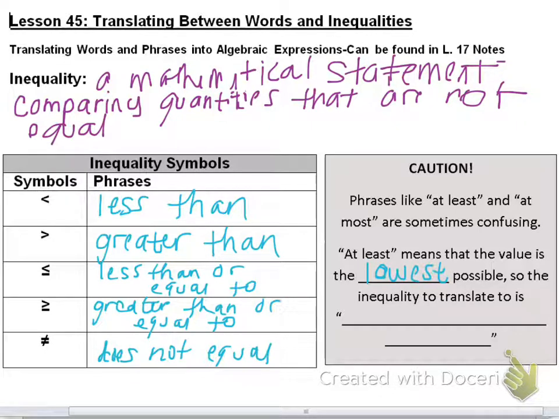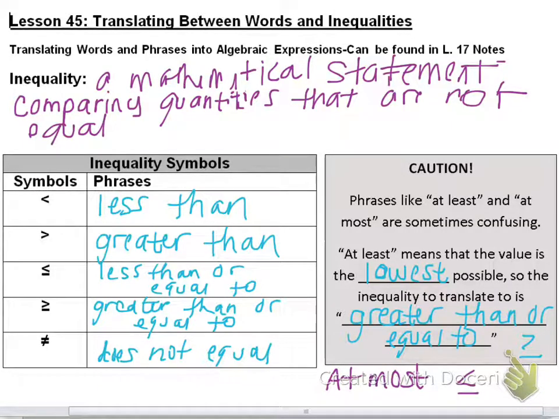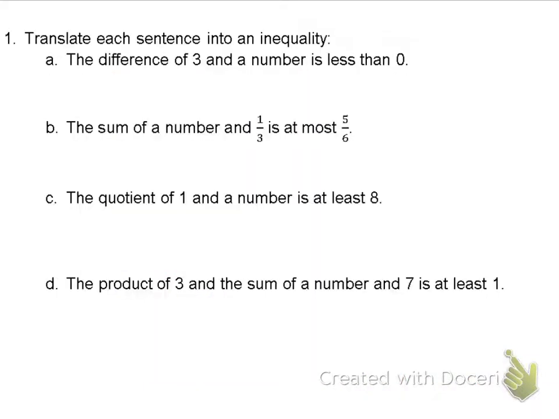So the inequality actually translates to greater than or equal to, which is this symbol here. So at least is going to translate to the greater than or equal to symbol, which is the opposite of what you might think. So at most would translate to the opposite of that, which would be the less than or equal to symbol.